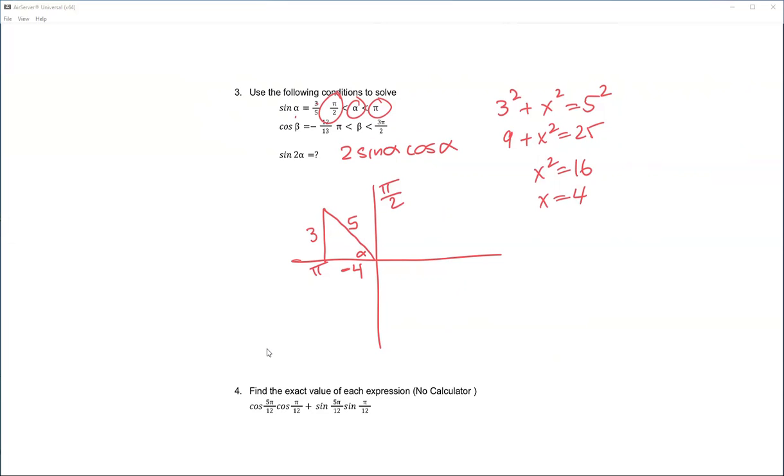So now we get the cosine of A, and that's equal to -4 over 5. So if we plug this in, it's 2 times sine A, which is 3 over 5, and then cosine A is -4 over 5. Multiply this out, 2 times 3 times -4 is -24 over 25.